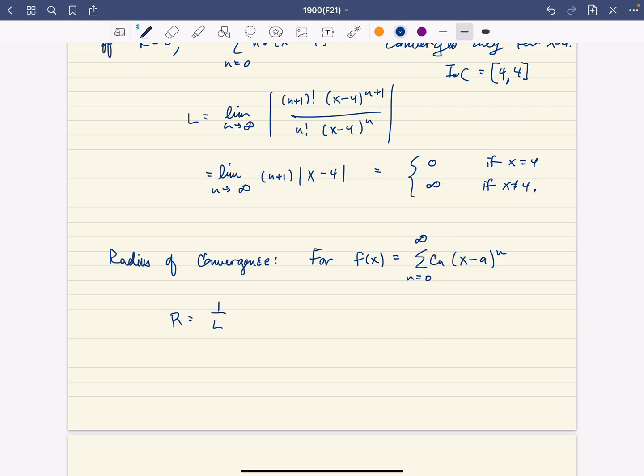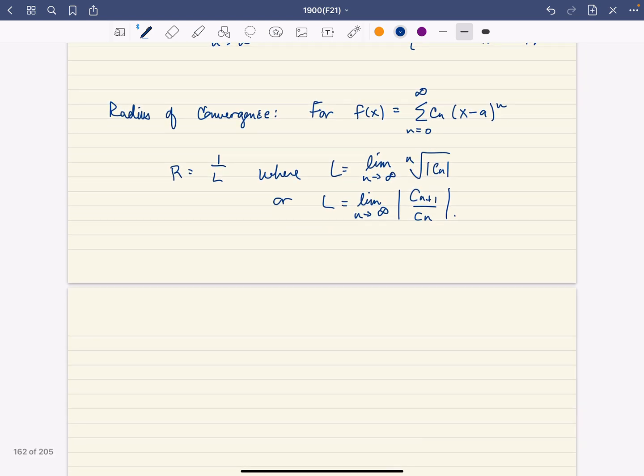So it's the reciprocal of the limit that we get from the root test, like 1 over L, where L is the limit as n goes to infinity of the nth root of the absolute value of c sub n, or equivalently, L is the limit as n goes to infinity of the absolute value of the n plus first term over the nth term. Okay, so this is the kind of thing that you can do to find the radius of convergence.